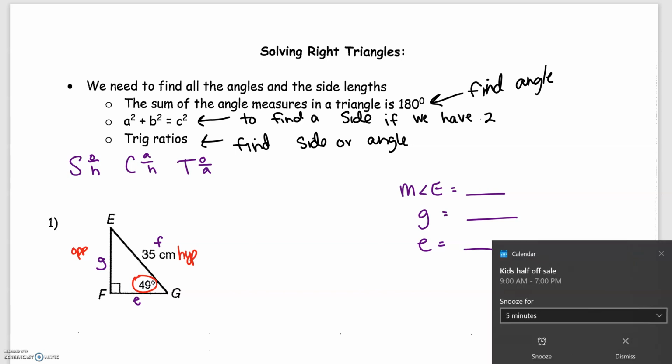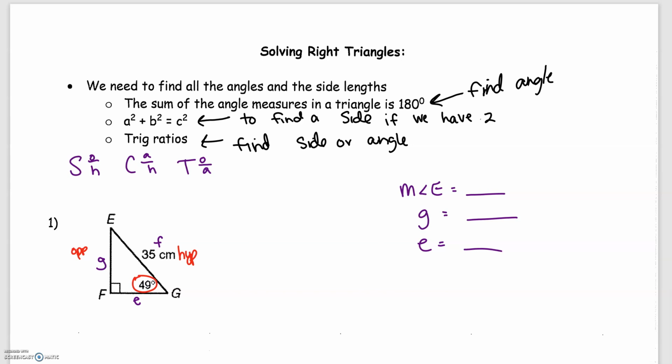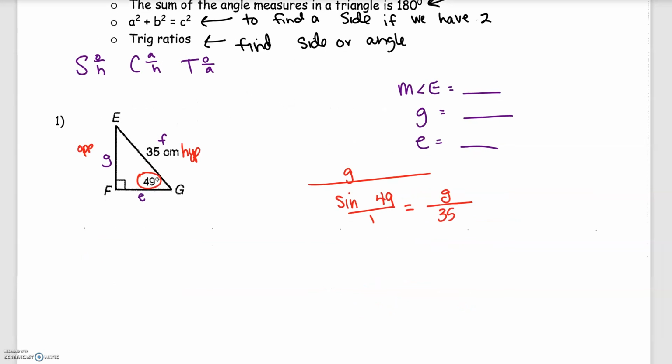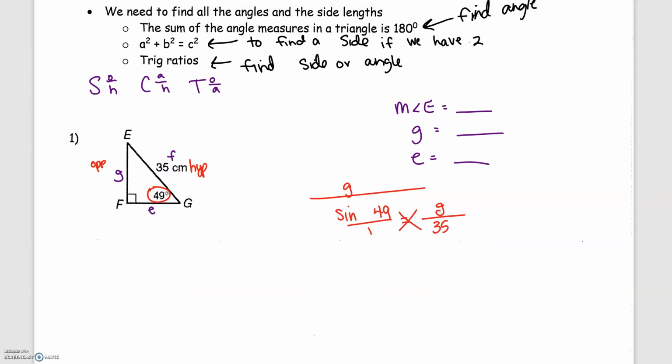So to find G, we are going to do sine 49 is equal to O, which is our little g, over H, and then we're going to cross multiply. So cross multiplying, we're going to get G equals 35 times sine 49, and that is going to give us that side G is 26.4.